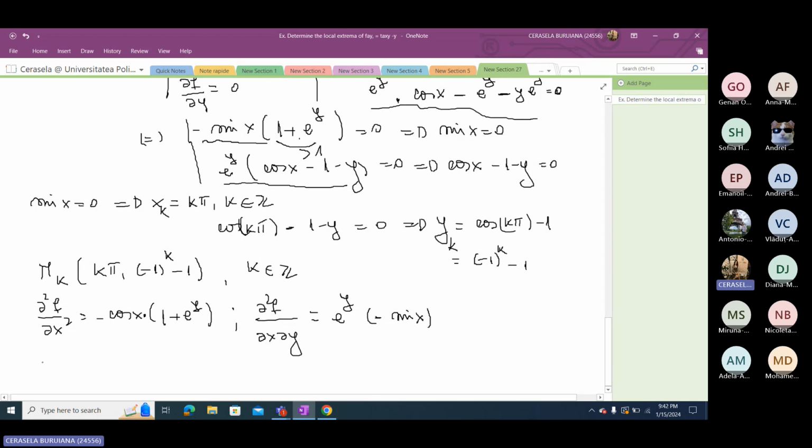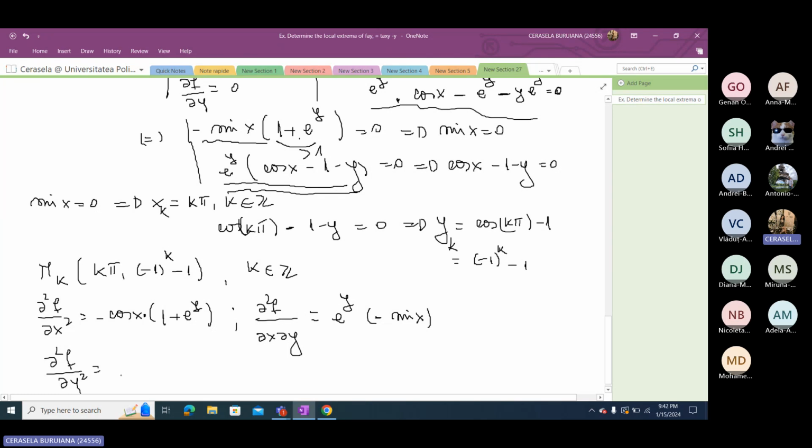Okay, and the last, the derivative in function of y. It can be a little bit longer, but I hope the computations won't be too difficult. We have to derive it one more time in function of y. We do it as a product of functions.